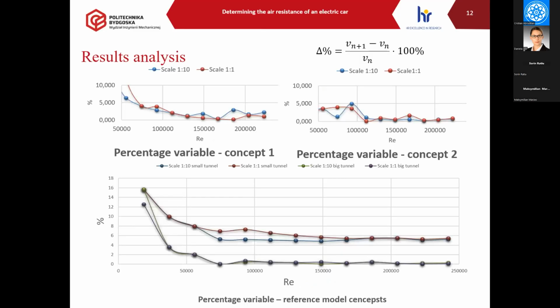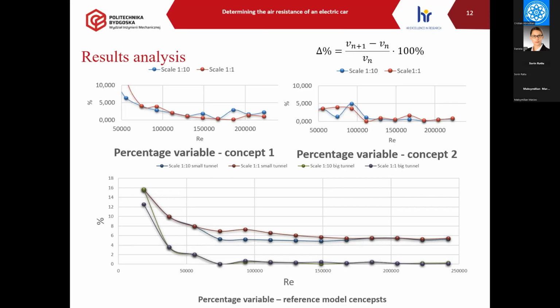As can be seen from the graphs, increasing the computer domain allowed us to obtain results in line with the literature, which confirms the thesis, shown on the third diagram, of percent variables for the reference model and concepts.